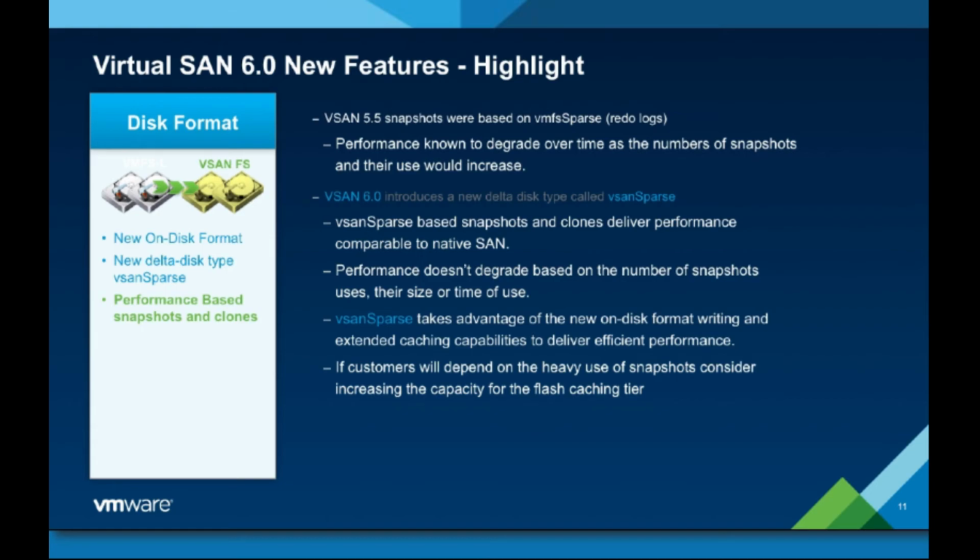Meaning that vSAN now is capable of doing snapshots and clones the same way that industry-leading storage arrays are. Once again, just showing where virtual SAN is growing and has grown in its capacity to meet customers' maturity.